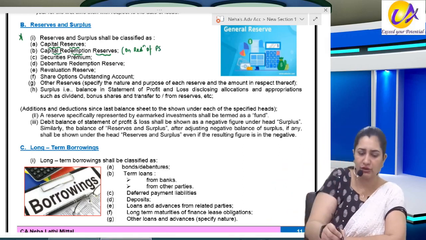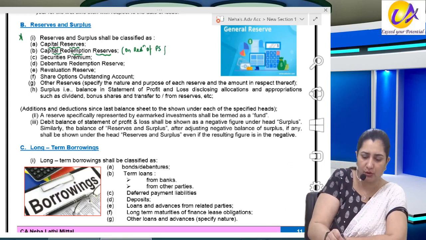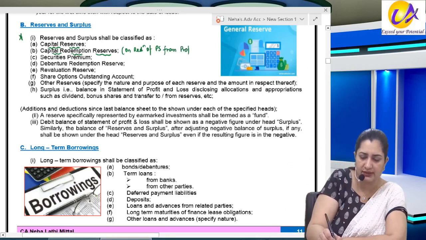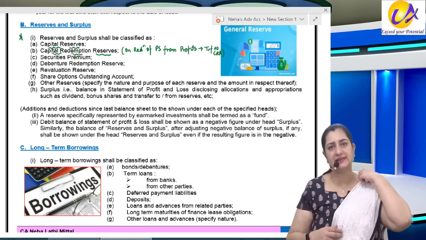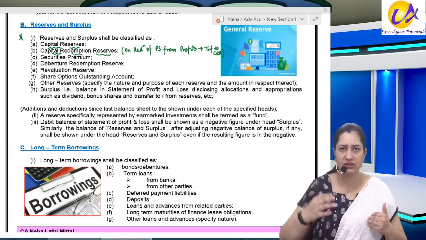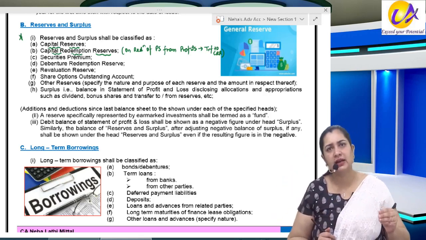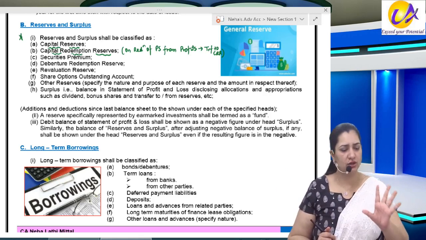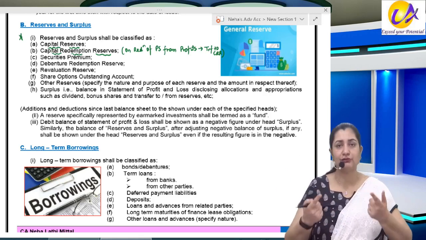Okay, so on redemption of preference shares from profits, whenever you are redeeming preference shares from profits, it is transferred to CRR. This is the requirement of the Companies Act. That CRR can only be used for giving bonus shares. So this CRR concept also you have to show in your reserves and surplus.